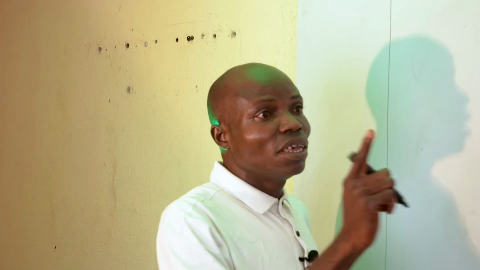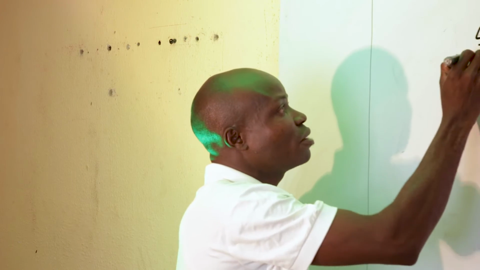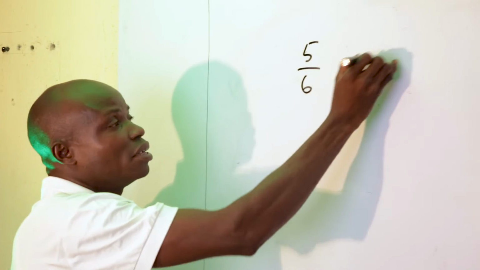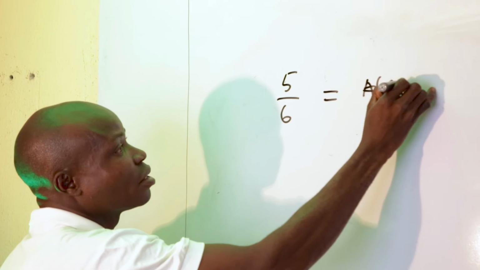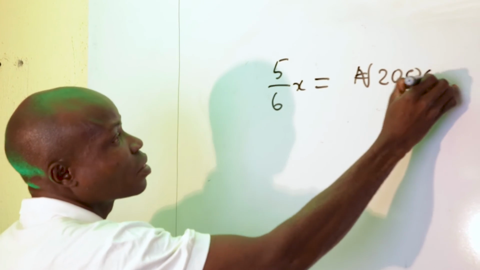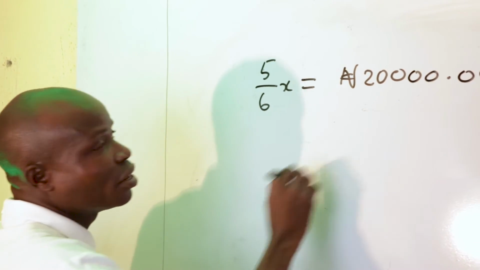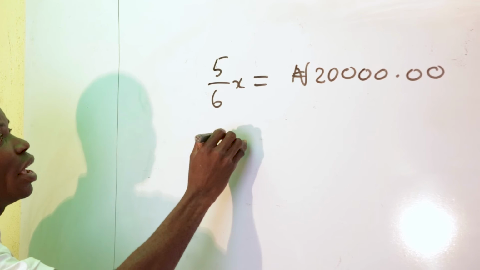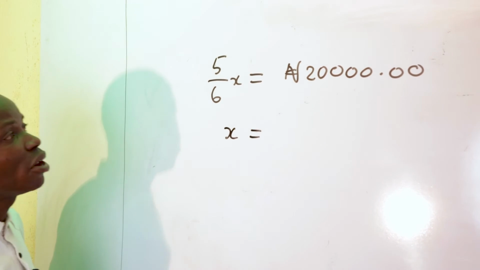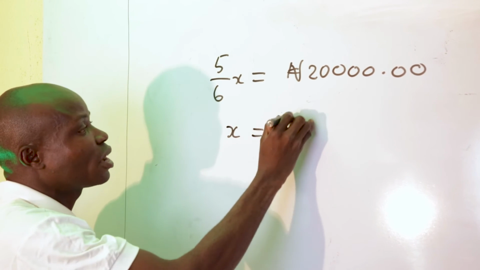That tells us that if he spent 1 over 6 here, the remaining will be 5 over 6, telling us that 5/6 of the remainder is 20,000 naira. And to obtain x will now give us 24,000 naira.